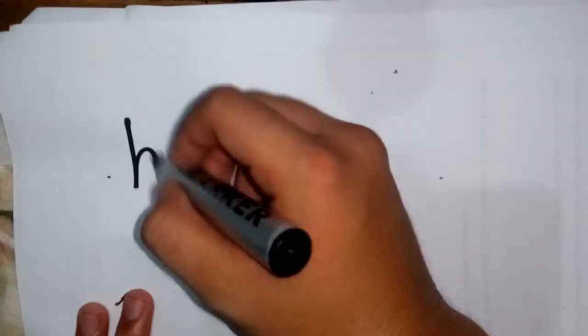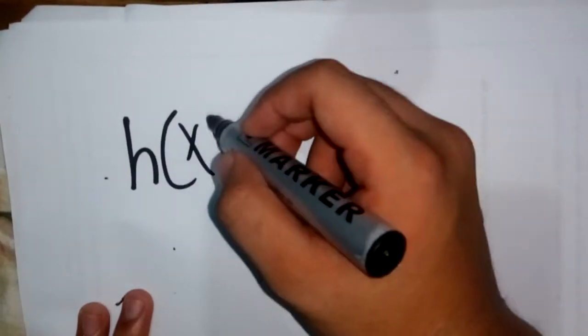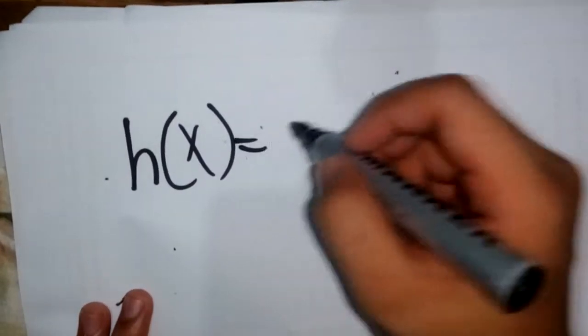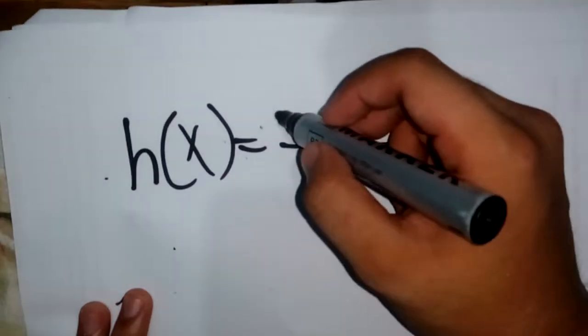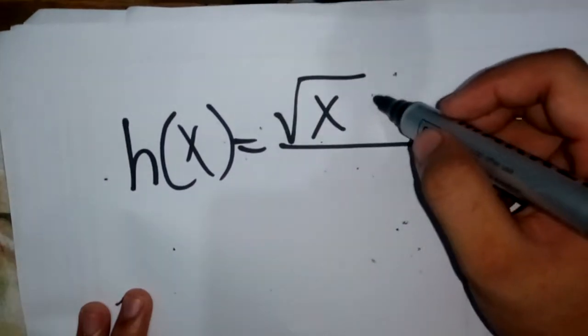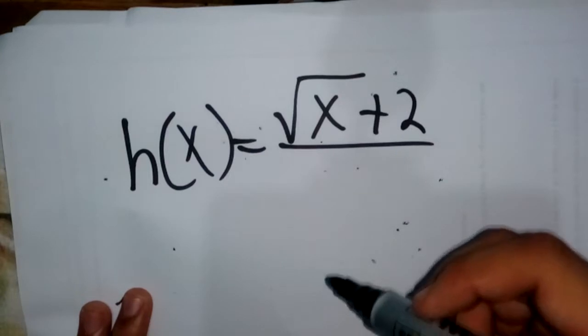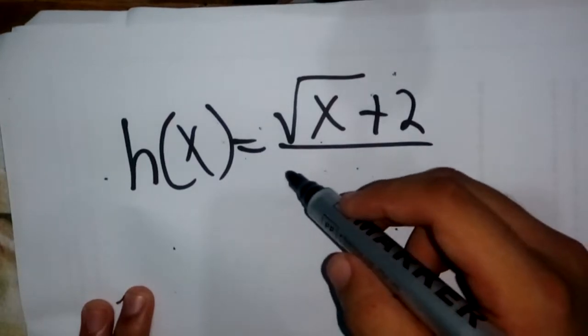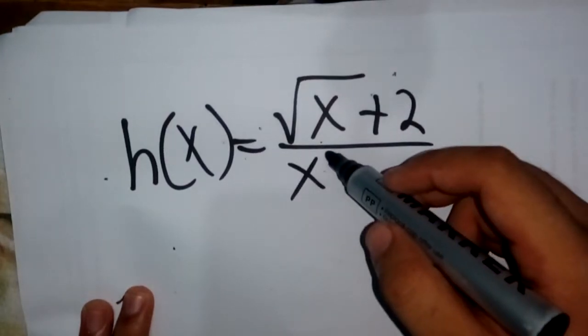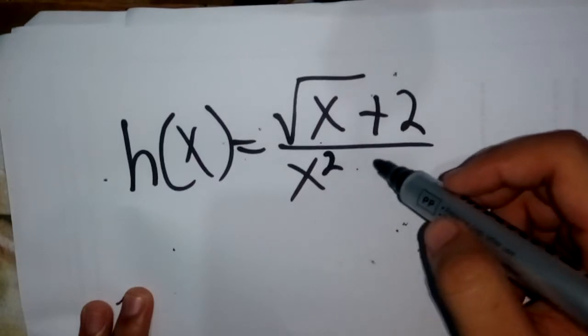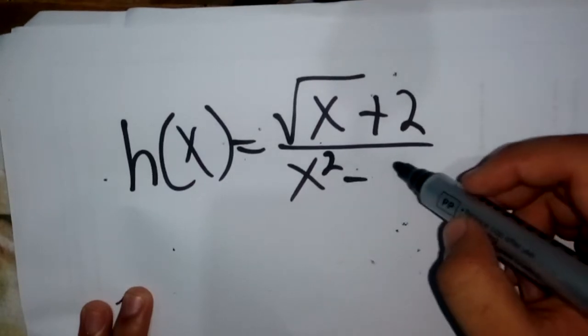On the other hand, defining a not rational function. Example: h of x equals square root of x plus 2 over x squared minus 4.